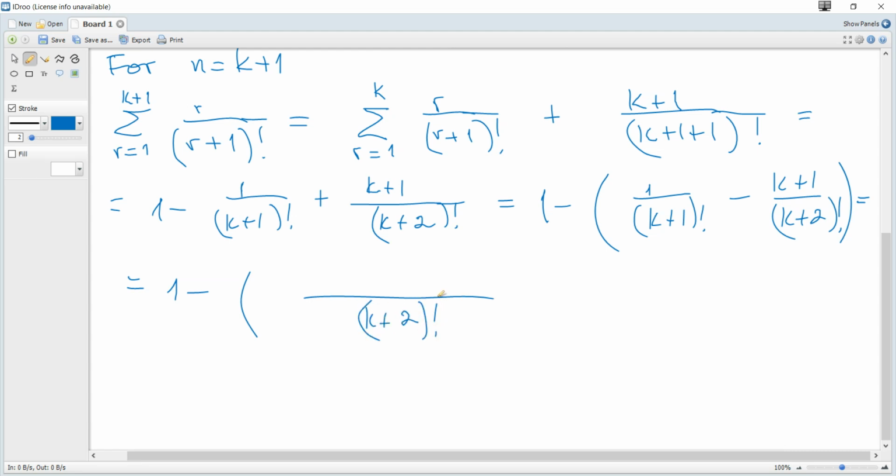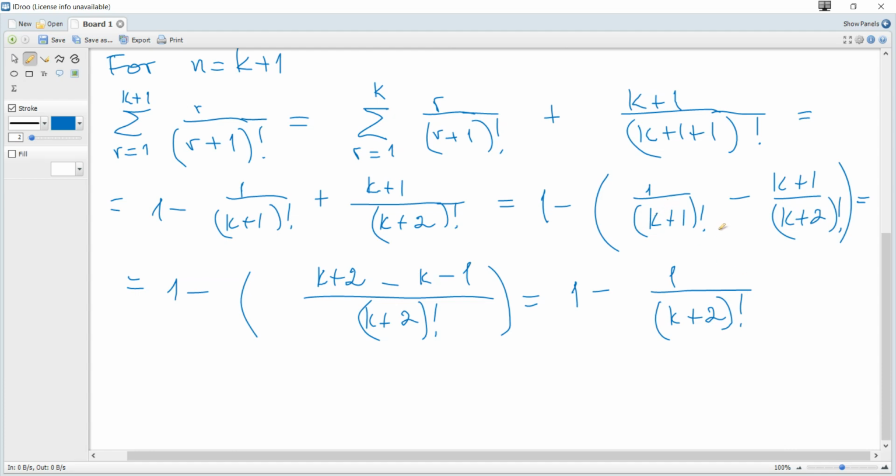What is k plus 2 factorial? It's k plus 1 factorial multiplied by k plus 2, so it becomes k plus 2, 1 multiplied by k plus 2, minus this, but also be aware because it becomes minus k plus 1 in parentheses, so it becomes minus k minus 1, and finally it's 1 minus, k cancels, 1 over k plus 2 factorial.